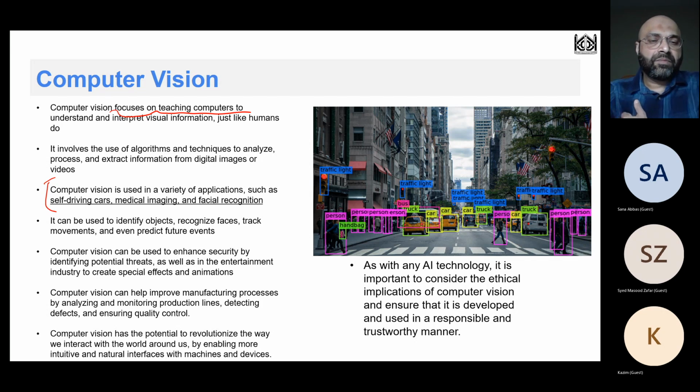And then medical imaging as well. That's another area where it is being used. Okay, it also helps improve the manufacturing processes. In the production line, it is very commonly in use. And also, I think in airports they started using it, like my baggage.